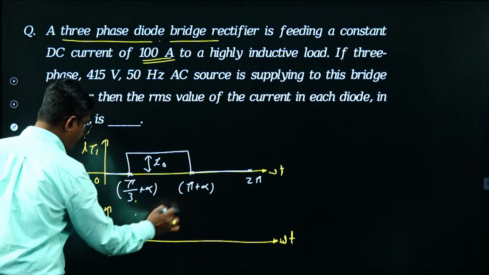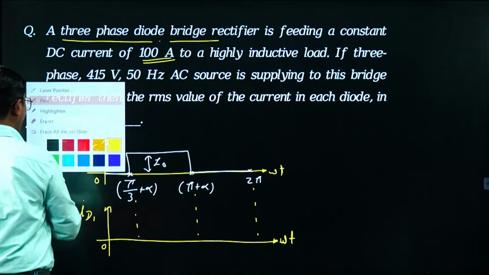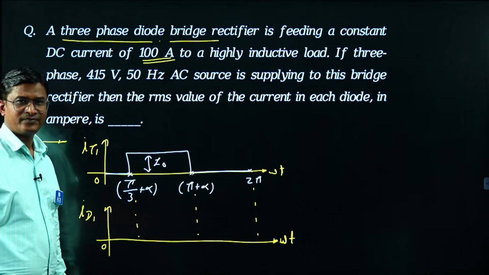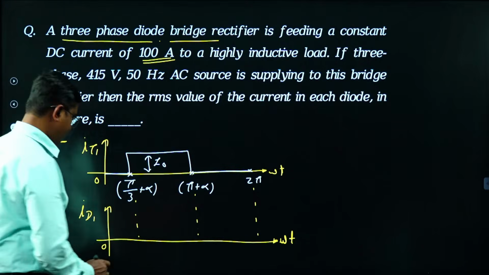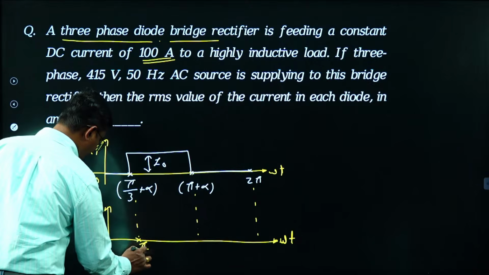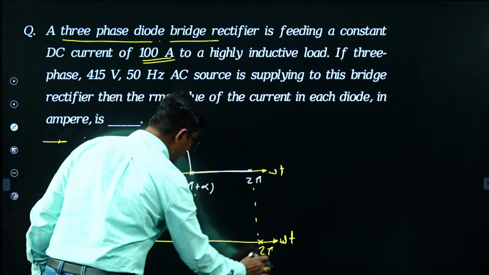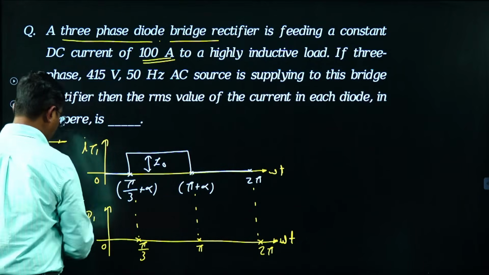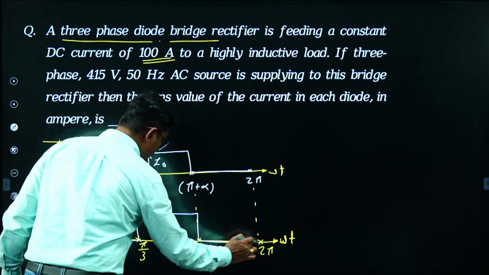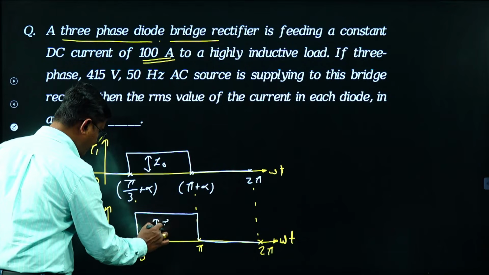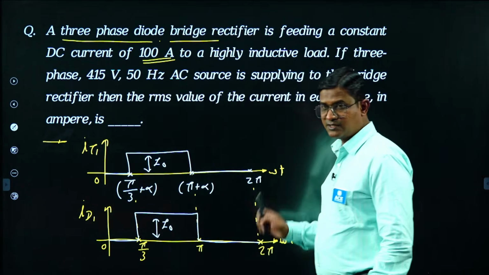In case of a diode rectifier, alpha will remain 0. Therefore my diode will conduct from pi by 3 till pi out of 2 pi. And which current flows through the diode? Again load current. So this is my I0. My diode current waveform is now pulsating in nature.